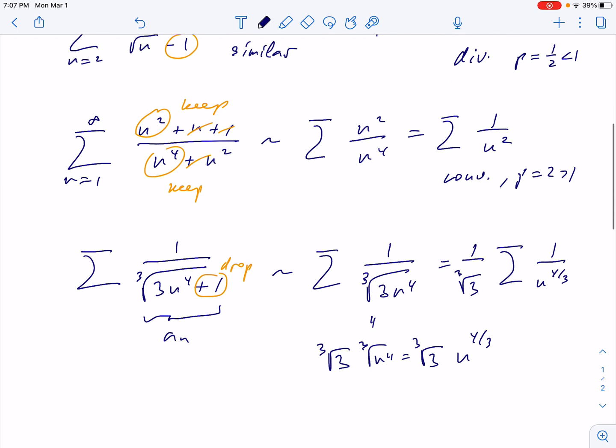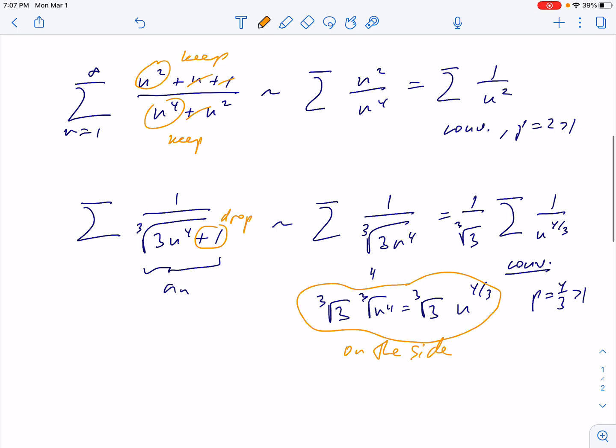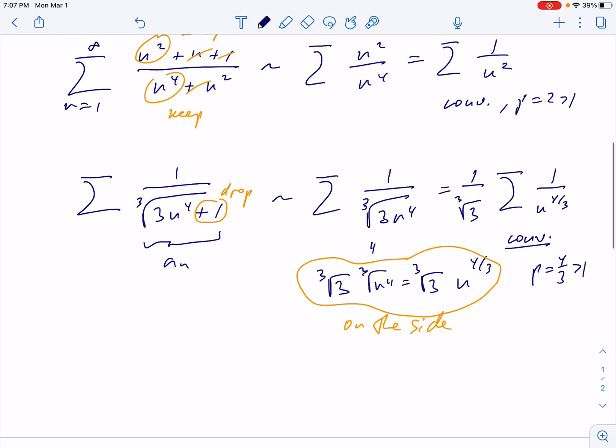This series is convergent because it's a P series and P is 4 thirds, which is bigger than 1. So it is good when we do such work and some additional computations like this thing here, we do this on the side, not in front of the series. So here I did it below the series. So we're done also with this example.